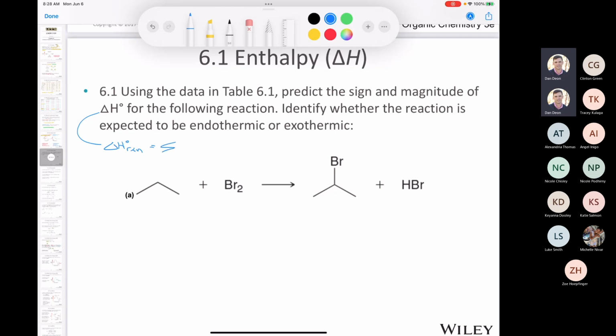We've got the sum of the stoichiometric coefficients multiplied by the change in enthalpy at standard condition, the heat of formation of the products, minus the delta H of formation of the reactants. So this, again, is what you would have seen in Gen Chem 1 and 2. We are not going to use that formula in this class.